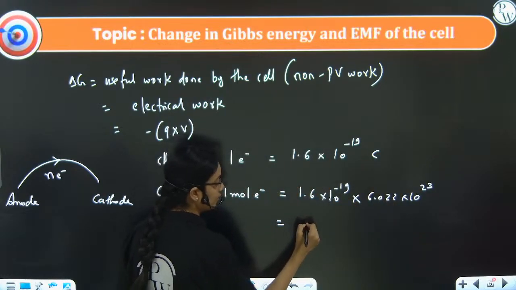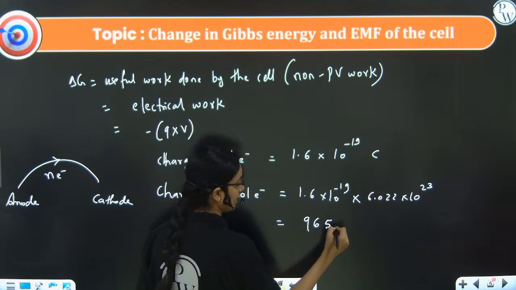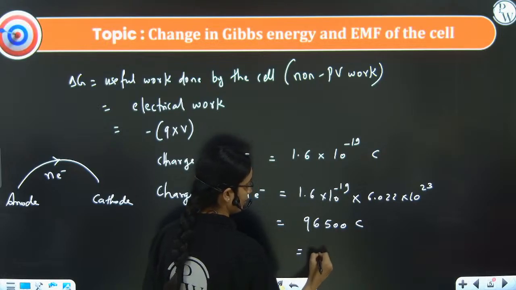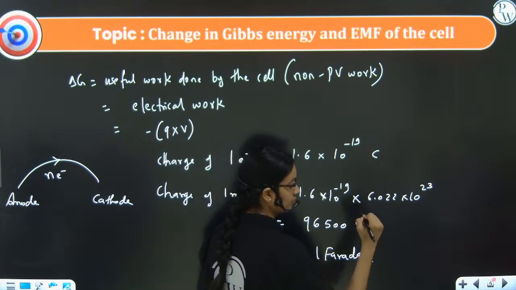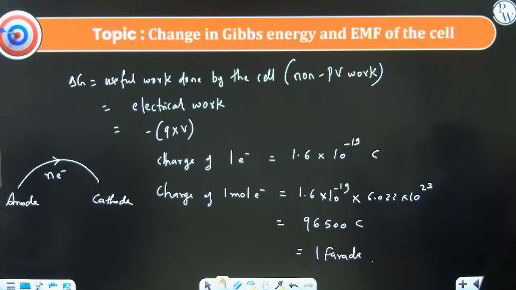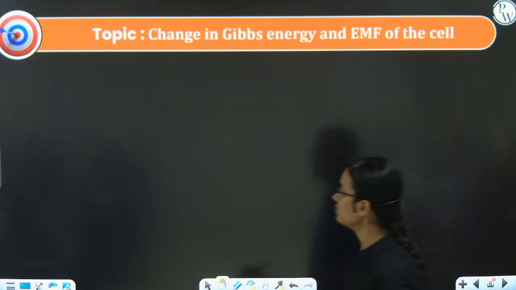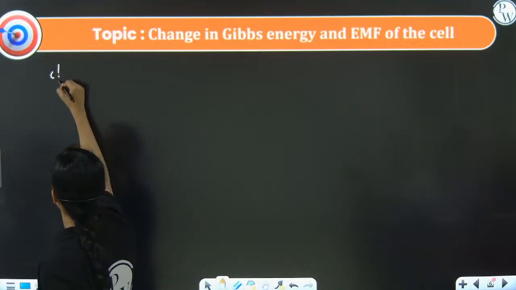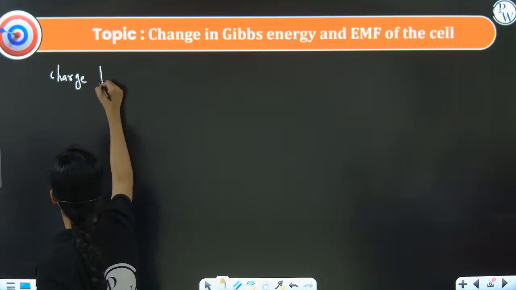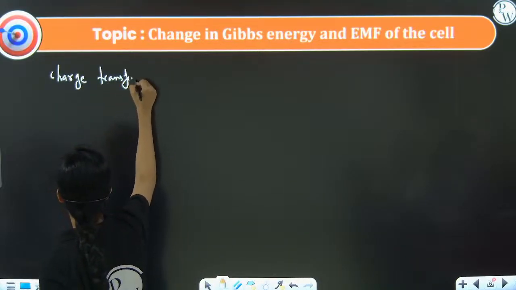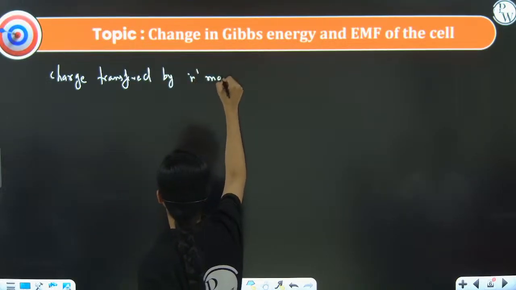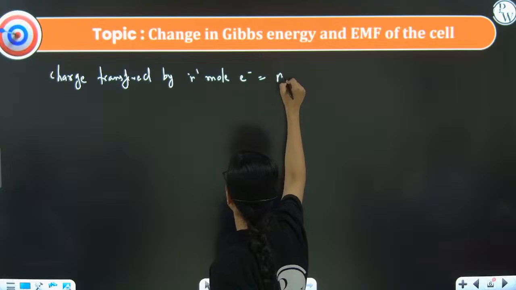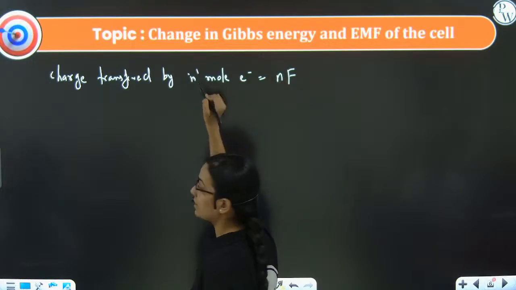So this value comes as 96500 coulombs, which we call 1 Faraday. Any doubt till here? Now, can I write charge transferred by n mole electrons as nF?